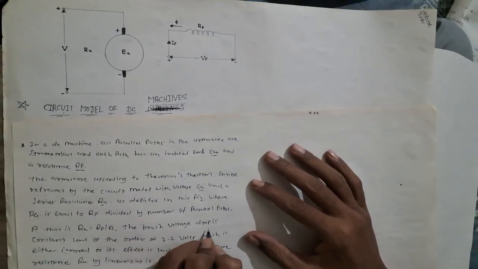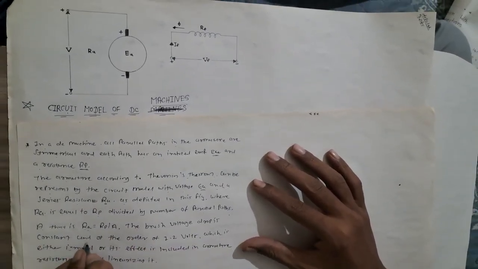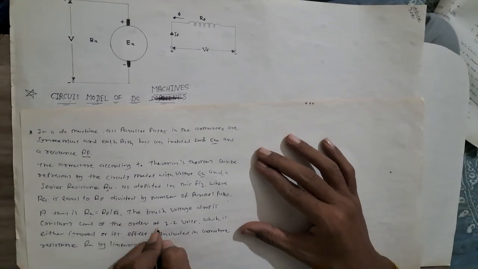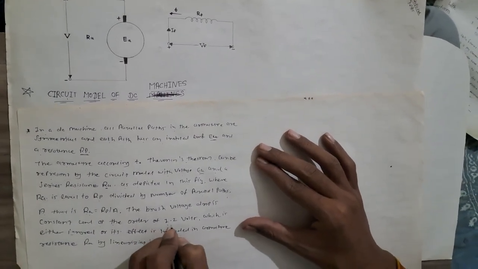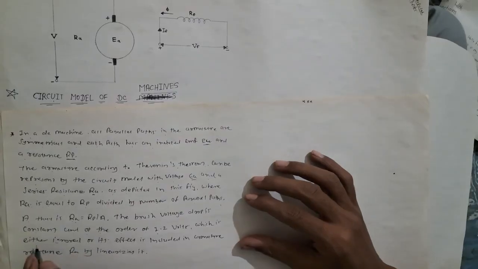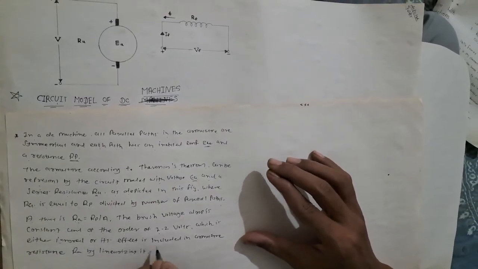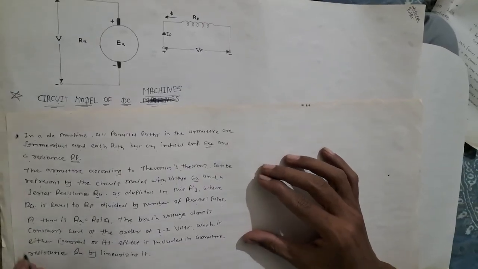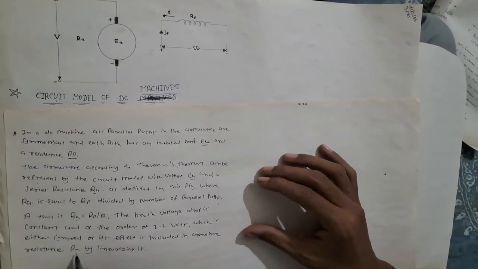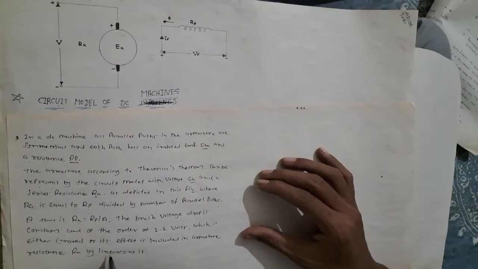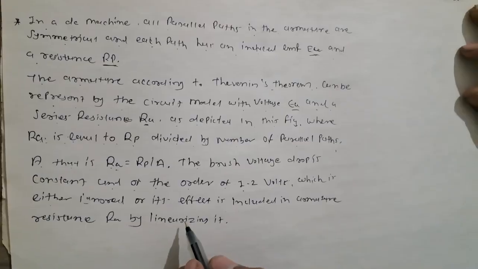The brush voltage drop is constant and of the order of 1 or 2 volts, which is either ignored or its effect is included in armature resistance RA by linearizing it.